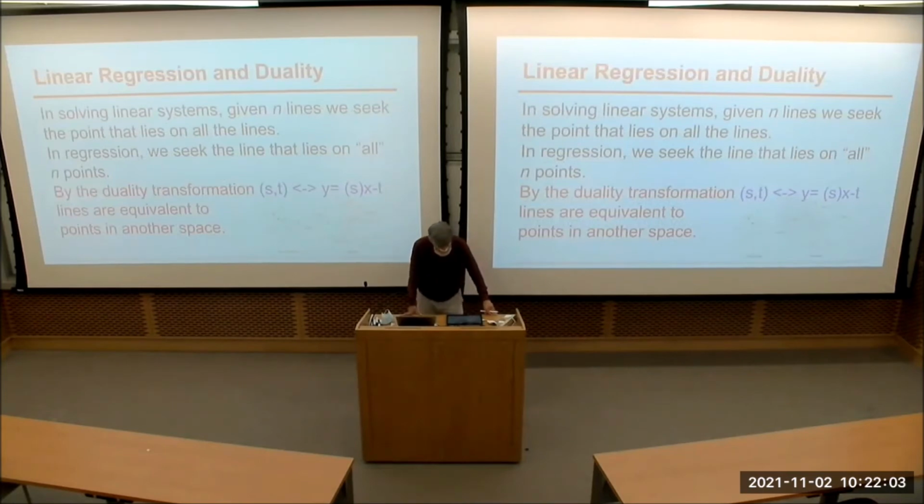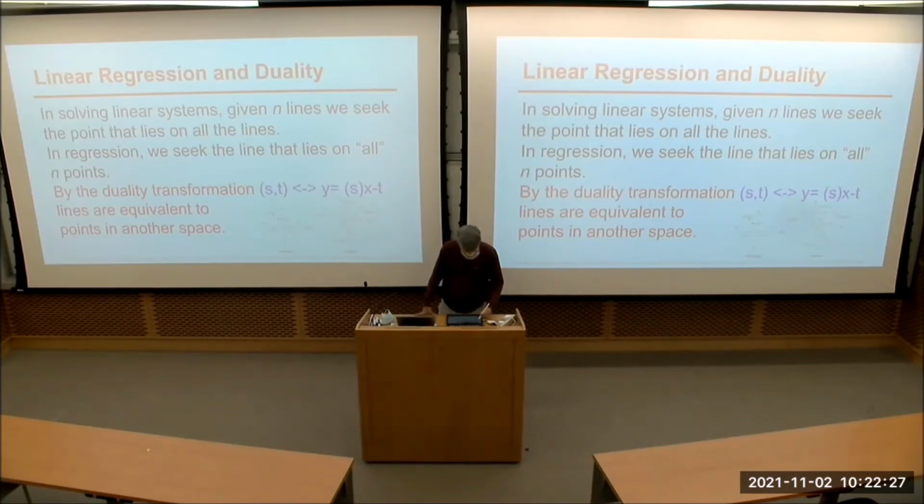Okay. So what is the way that I think about linear regression? Trying to find the best fitting line to a bunch of points. What is it that makes that hard or interesting? It's not the fact that we're trying to approximate a bunch of points by lines.